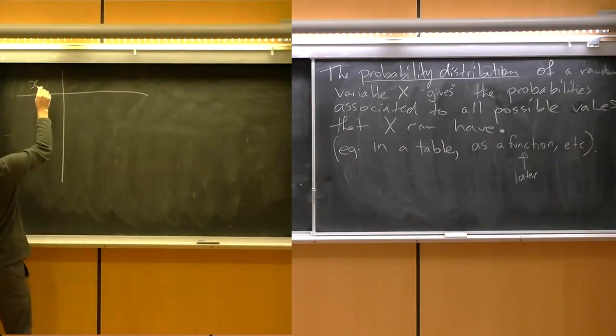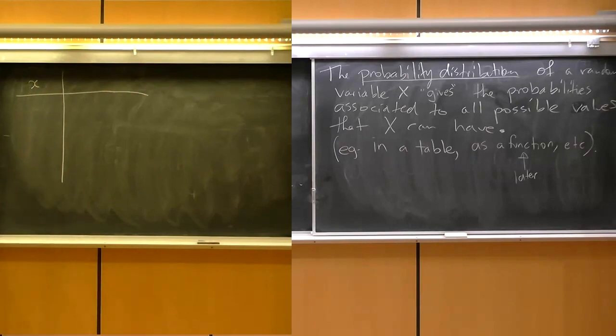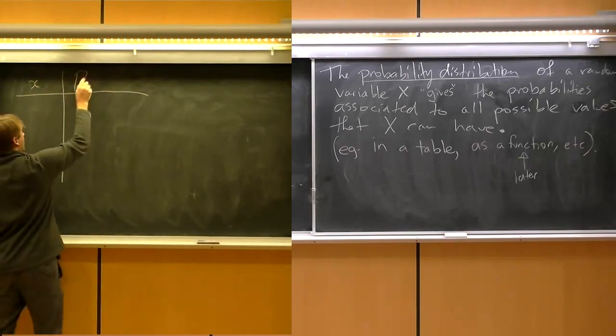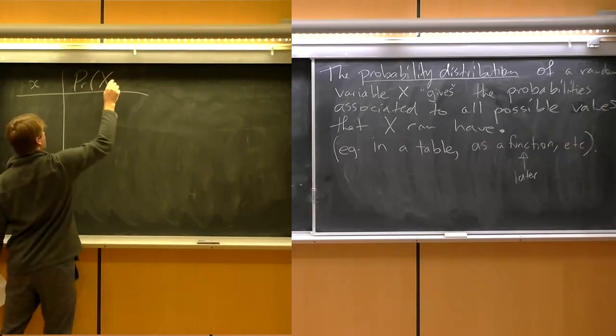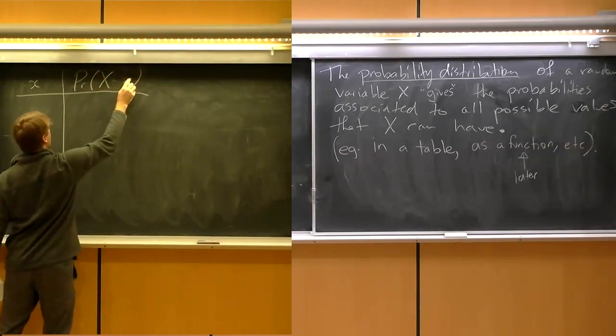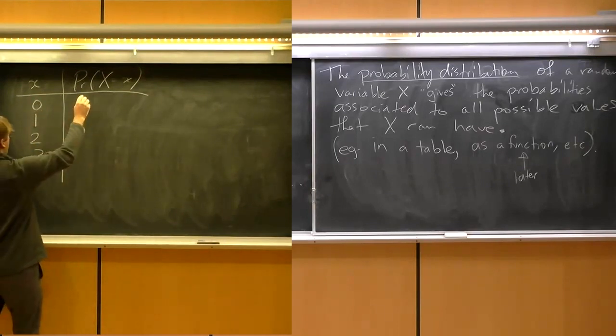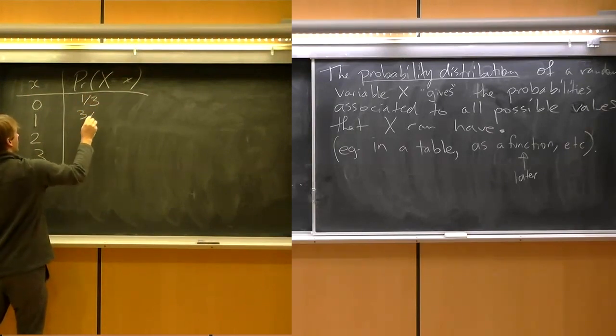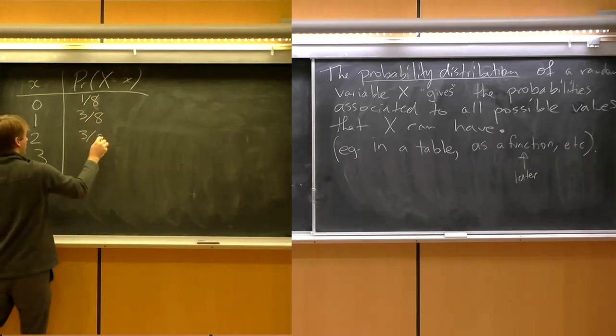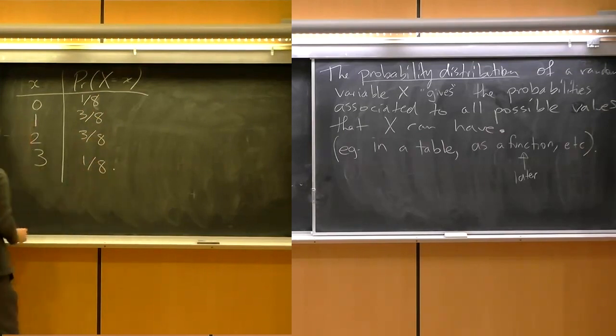Okay, so for this experiment where we flip 3 coins, the probability distribution would look like this. So I'm going to draw a little x here, and here I'm going to write the probability that big X is equal to little x. And then on this side, we go through all the possible values for the experiment. So X could be 0, 1, 2, or 3. And over here, we just write down 1 over 8, 3 over 8, 3 over 8, and 1 over 8.